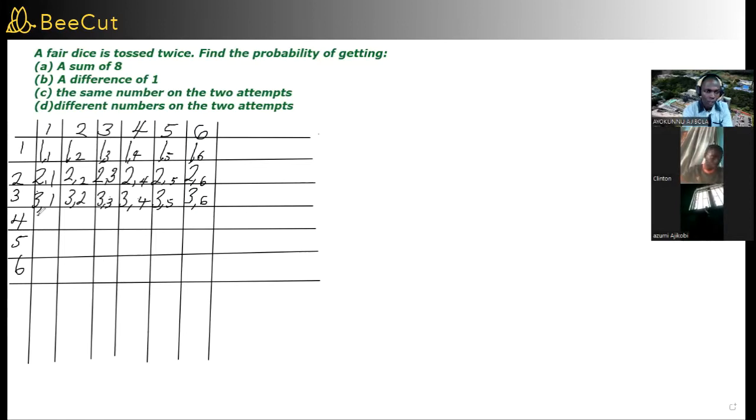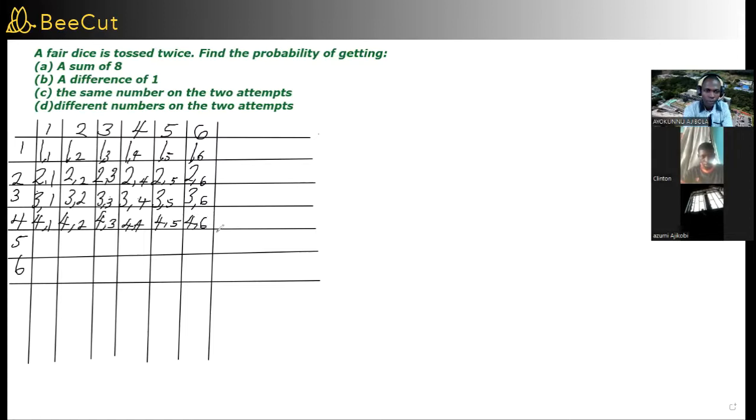Then it's possible we have 4 for the first attempt and 1 for the second attempt. So 4, 2, 4, 3, 4, 4, and 4, 5, 4, 6.